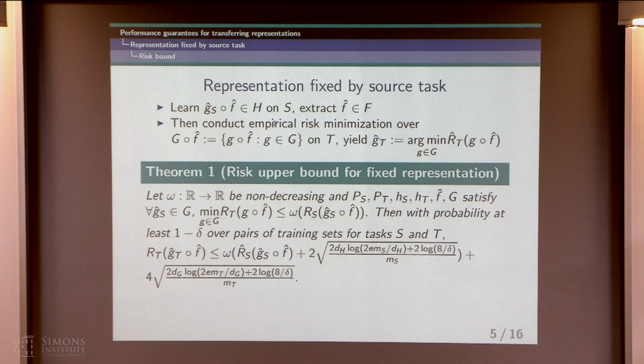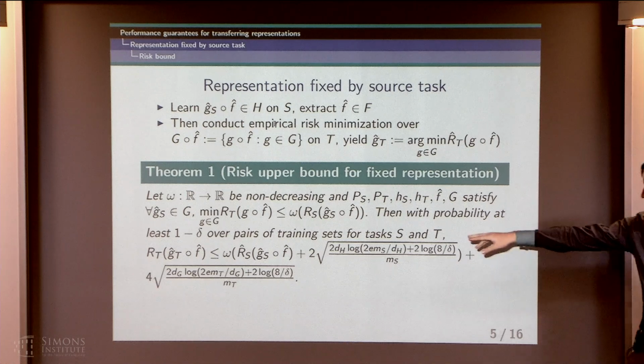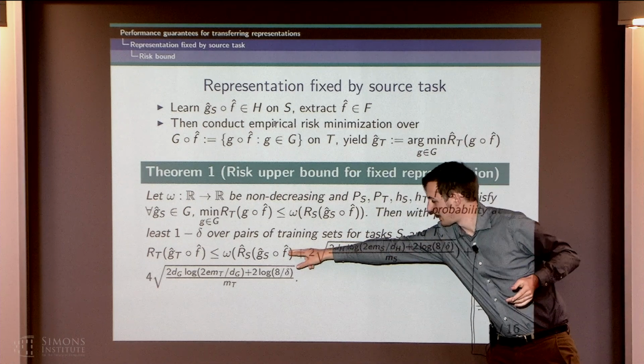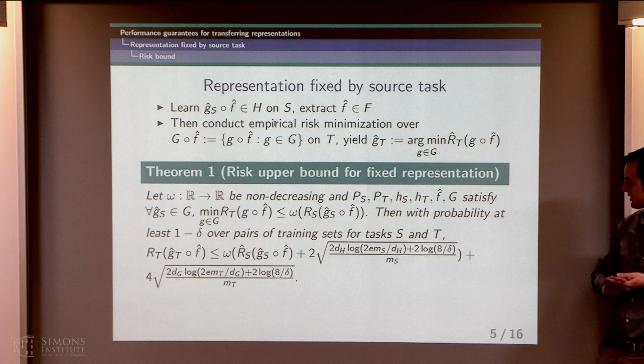Okay, well, if I've got that nice property, which doesn't hold in general, but if I have it, then I can make some remark about the generalization performance on the target task. And what does this depend on? Well, it depends on the source task error, the empirical error. Hopefully that's small.